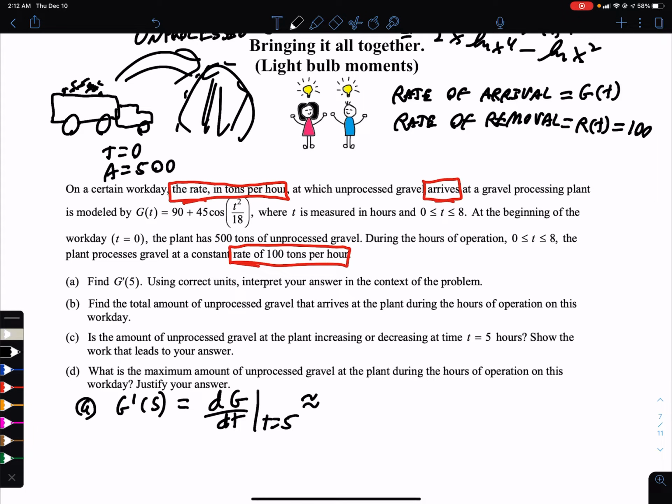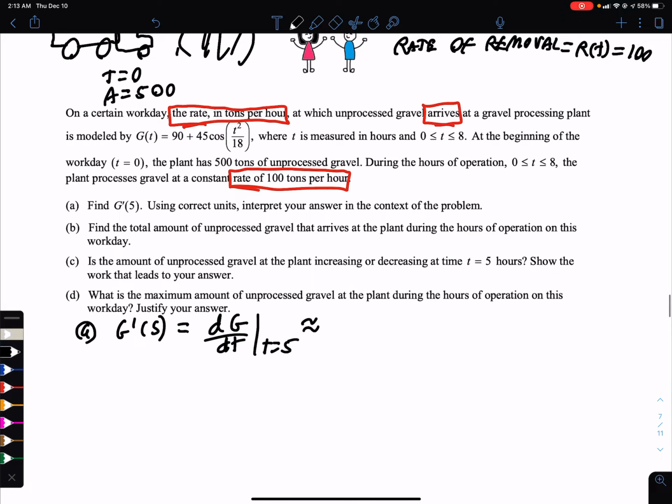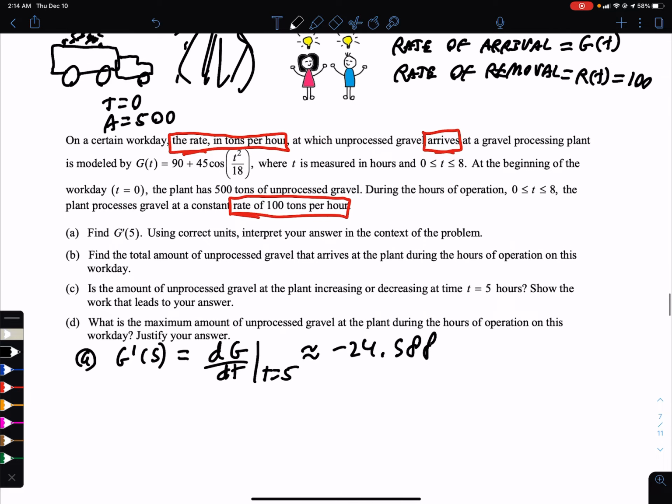So you can just plug that in your calculator and get an answer. This is a calculator problem. If you put this in your calculator, you would get approximately negative 24.588. You have to round it off, and we'll talk about that. So that would be your answer. Now let's think about what this represents.